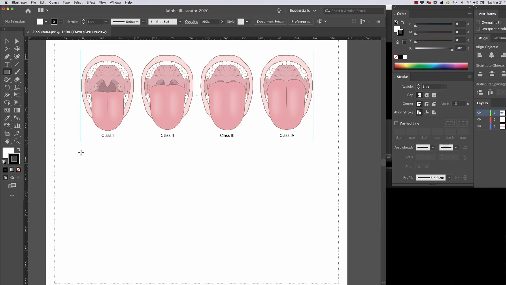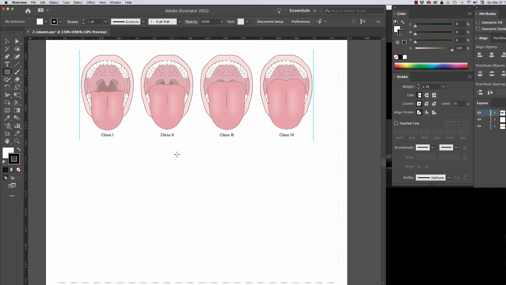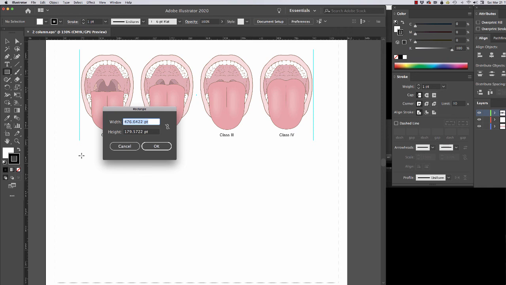Now you might also remember right before break, I talked a little bit about how I normally set up the size of my illustrations. I don't actually create the artboard at this size. The artboard that I've created here is the standard 8.5 by 11 page. But then once I go into that standard 8.5 by 11 page, I'll then take my rectangle tool, click with it, and enter the size that I want.